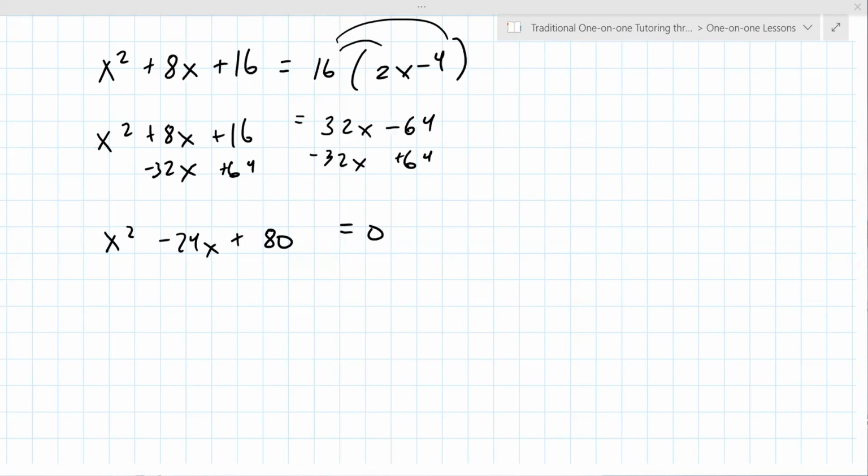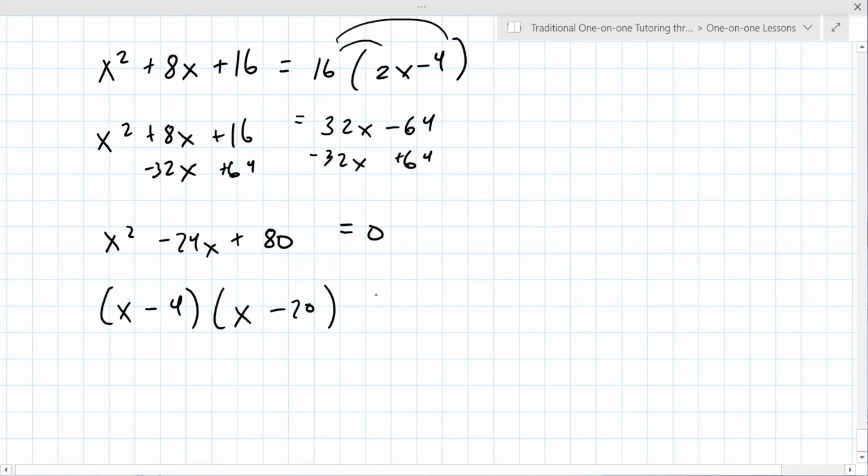Maybe I'm missing one here. 16 and 5, 10 and 8, those don't add up to x squared minus 24x plus 80. Oh, I missed the obvious one. 20 and 4, x minus 4, x minus 20. So x equals 4, x equals 20. And then you have to check both.